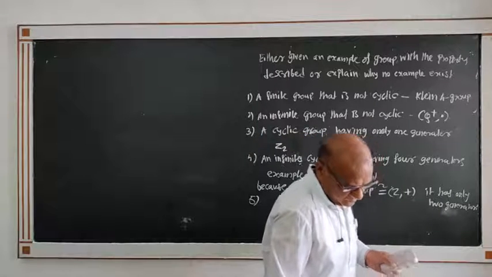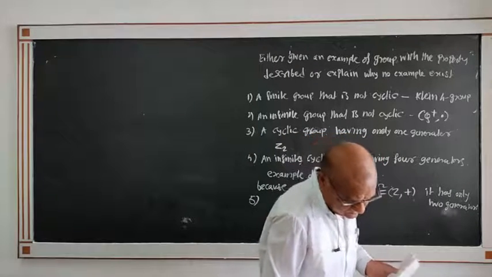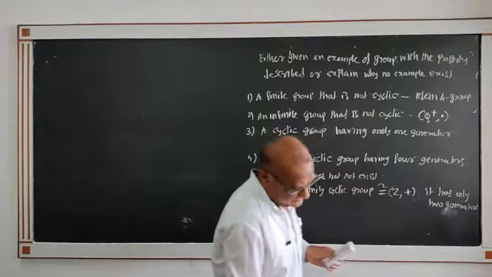A finite cyclic group having four generators.